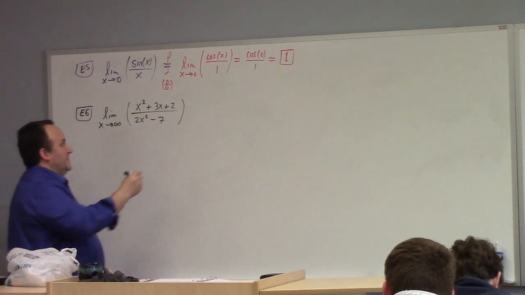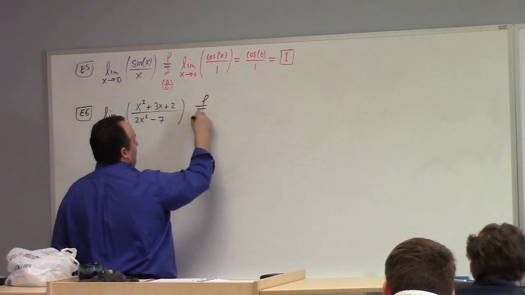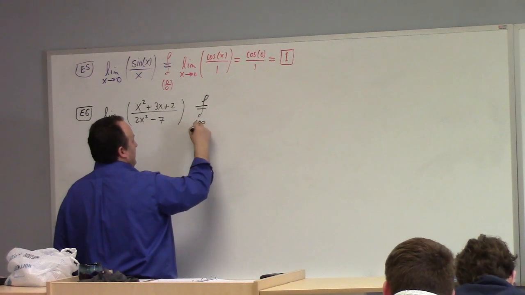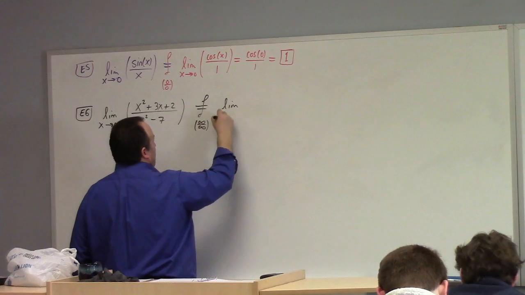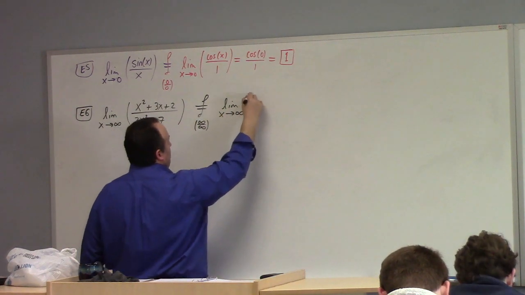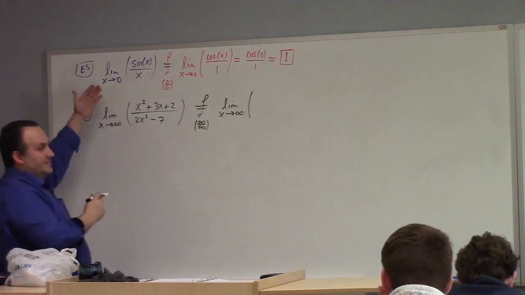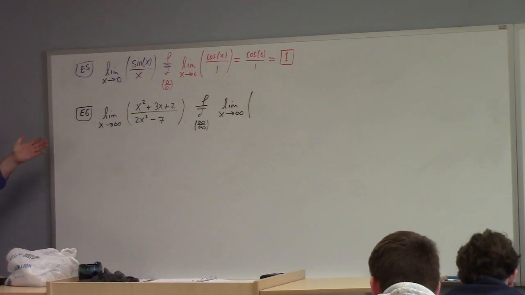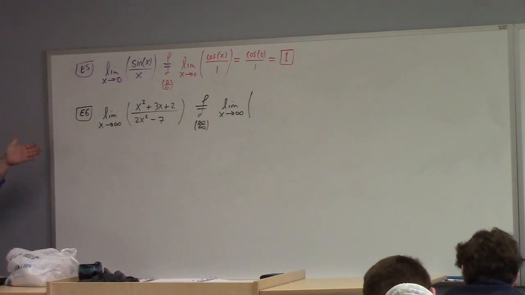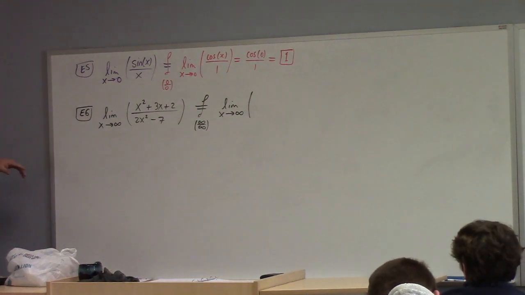So if I apply L'Hopital's rule, well, first of all, technically speaking, if you believe what I told you earlier today, you should be able to tell me the answer already, right? What should the answer be here? Ratio of the leading coefficients, right? Which is what? 1/2. Let's work it out with L'Hopital's rule just for the sake of the experience.